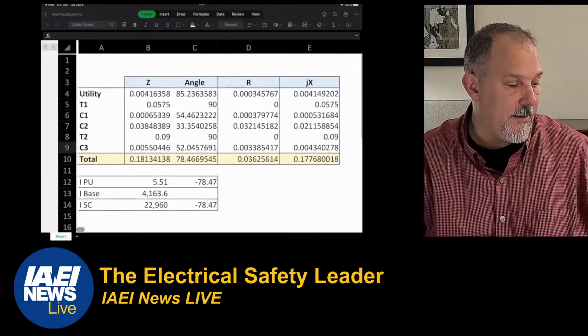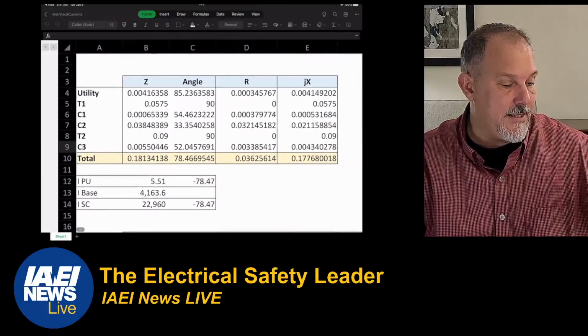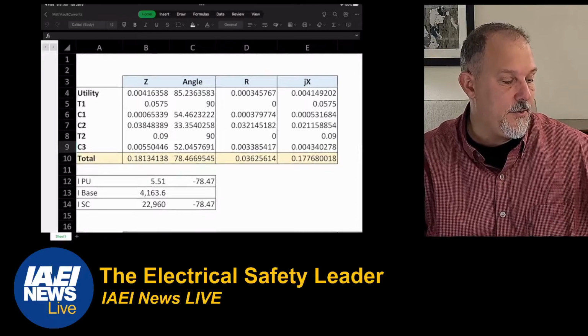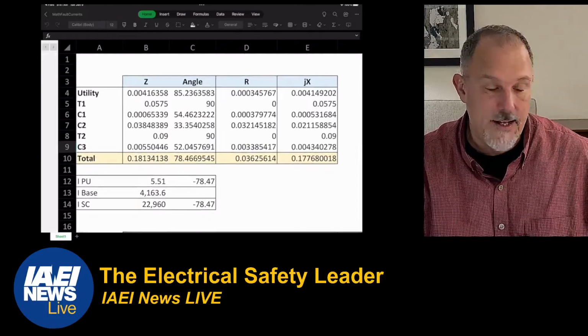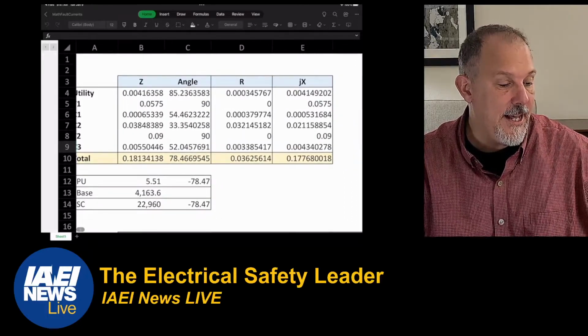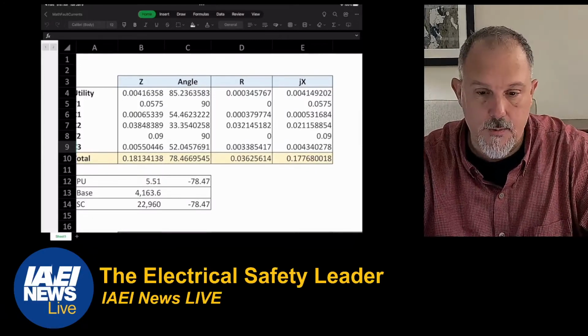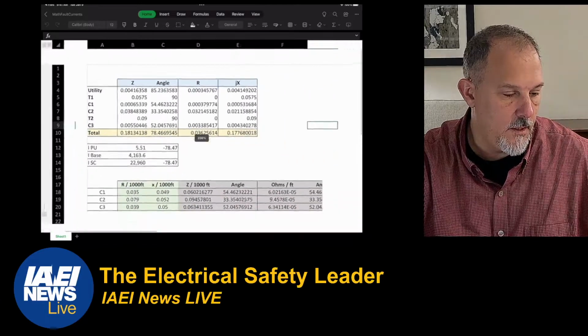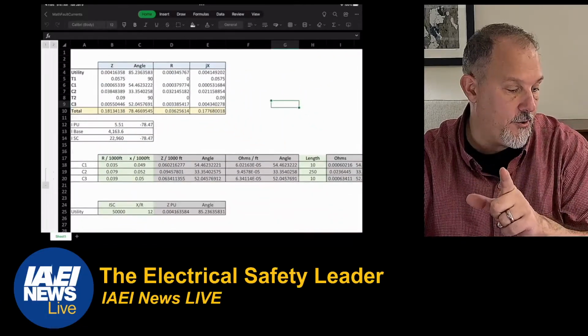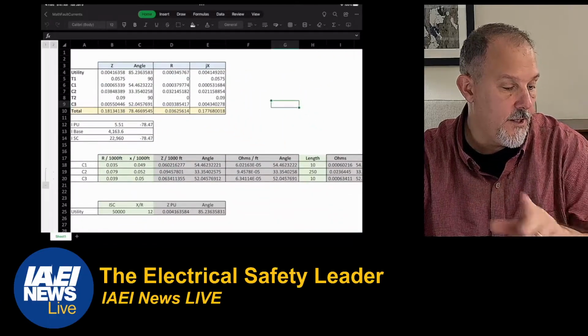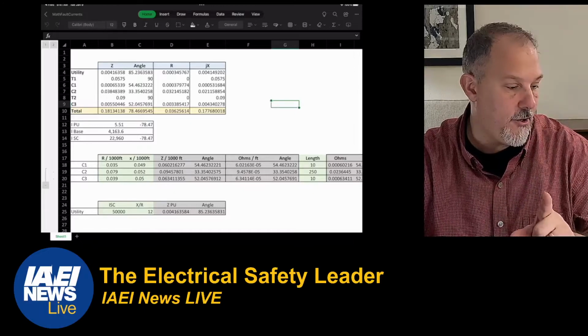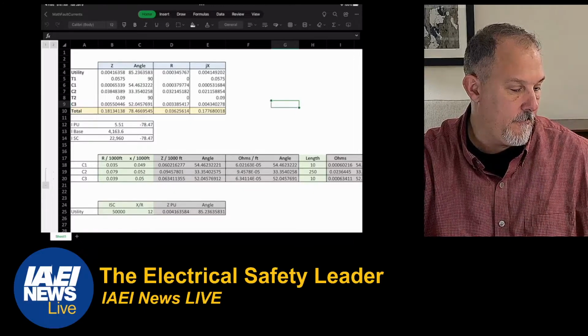So here is my utility, my T1, C1, C2, T2, and C3. These are my impedances, my Z and my angle, my R and my X. So here's what we're going to do. This doesn't have the motor contribution.